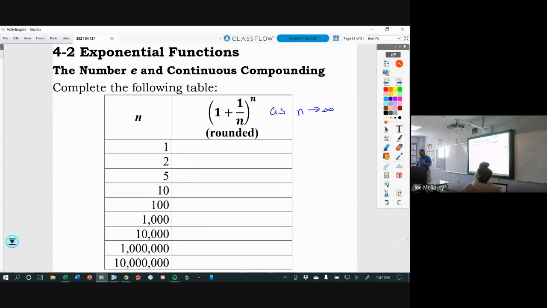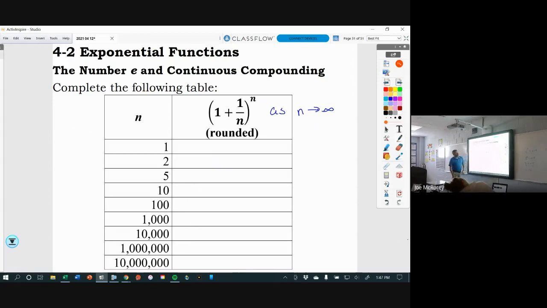It goes on and on forever. So does this kind of look like what we've been messing with? A equals P times (1 plus r over n) raised to the nt power. It looks familiar.